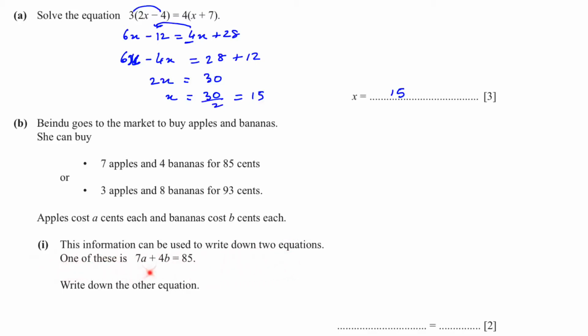One of the equations is 7a plus 4b is equal to 85. So they replace the a and the b here, and we have to find the other equation. The other equation will be 3a plus 8b is equal to 93. a is your apple and plus banana is your b and equal to 93 cents.